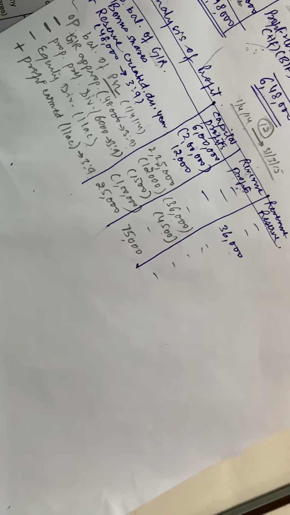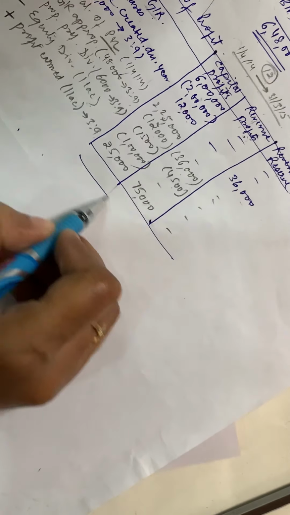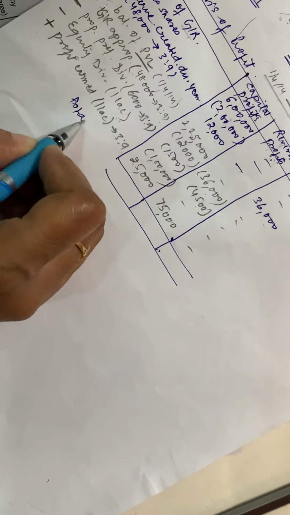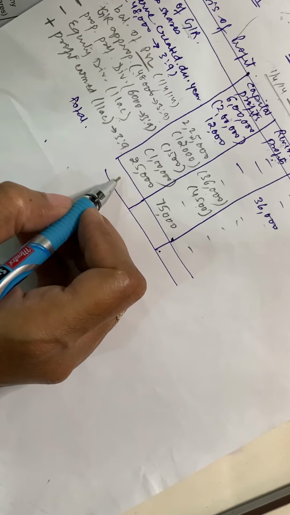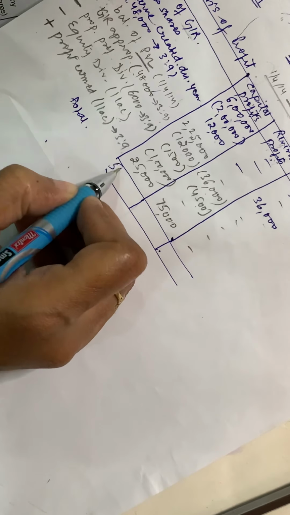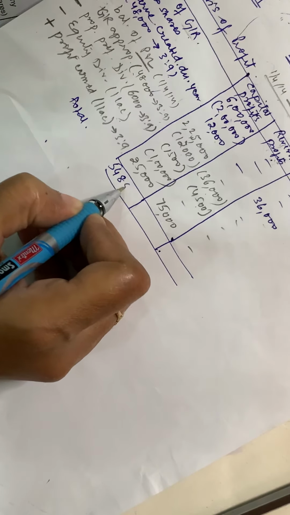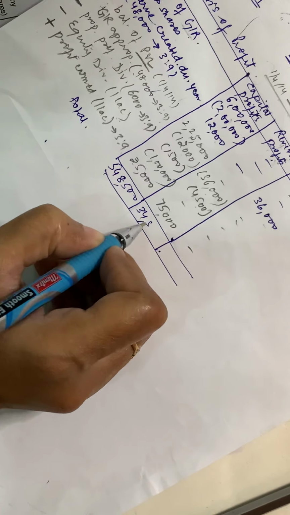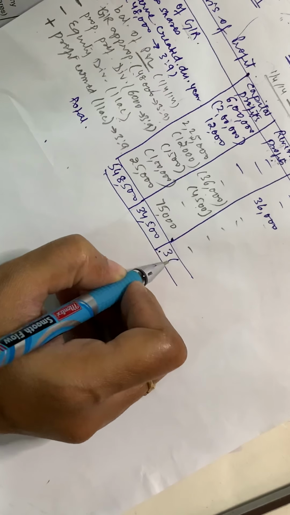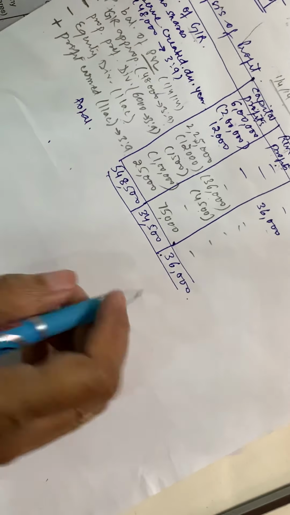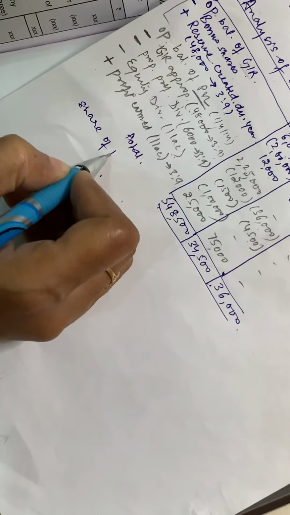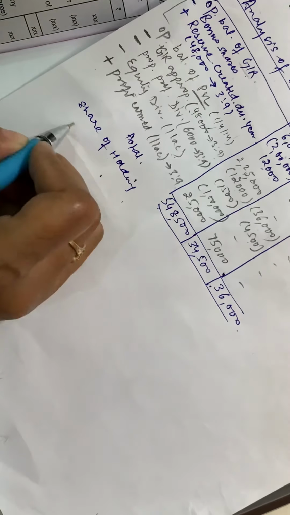And then now you can just total out all the categories. The total of this category is 5,48,500, 34,500, and 36,000. And then you calculate the share of holding and the share of minority.